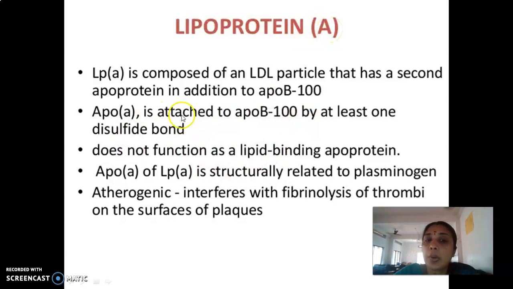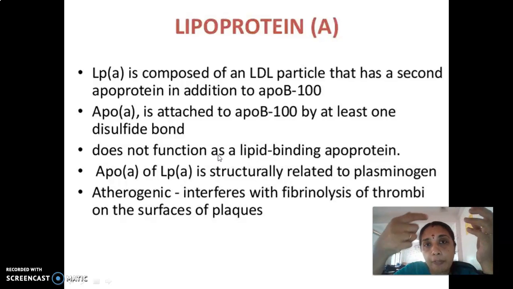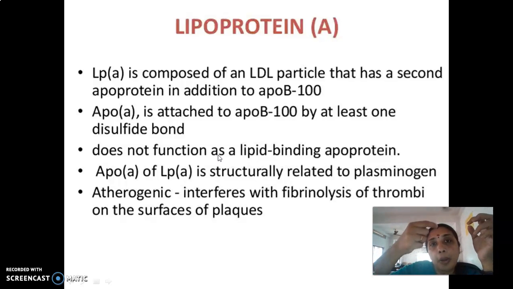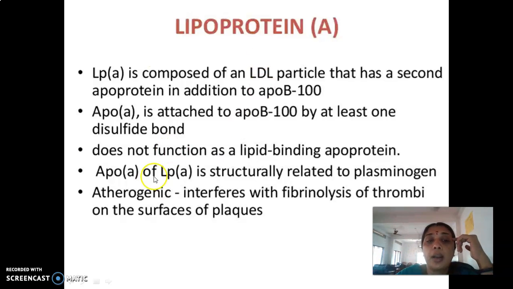Clear? So it is not responsible for lipid binding function. This Apo(a) has a close similarity to plasminogen, and it interferes with fibrinolysis of thrombi and on the surface of plaques. That enhances plaque formation. The plaque is nothing but atherosclerosis, causing cardiac arrest and reducing the cross-sectional area of blood vessels. Why? Fat is deposited. Blood fat deposits on the capillary walls, so blood flow gets blocked there. Clear? The factor that enhances that block is what?